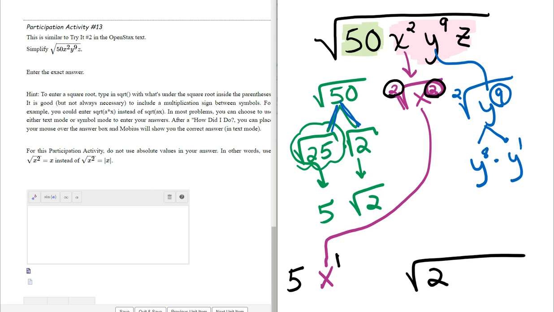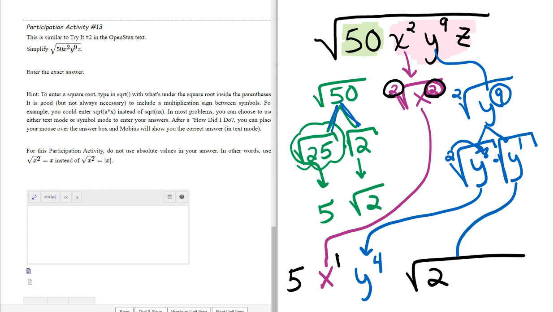So I'm going to break this down to be y to the 8th times y to the 1st. I can take the square root of y to the 8th. The 2 would divide into this 8 four times, and so out comes a y to the 4th. But I can't take the square root of y to the 1st, so this y is still stuck underneath the radical.